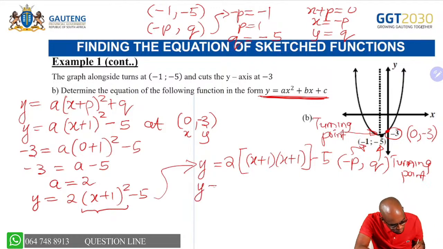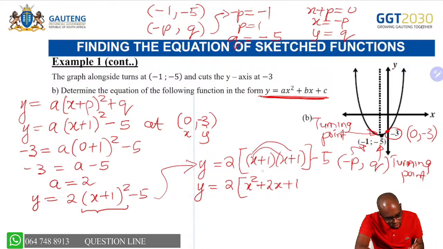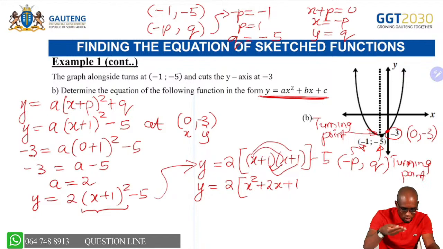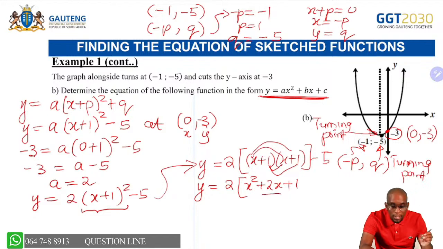Now y is equal to 2 into x squared plus 2x plus 1. The reason it's 2x is I multiplied x and x to get x squared, I got plus 1x, another plus 1x, and then I multiply 1 and 1 to get plus 1, using the distributive law, and then minus 5.